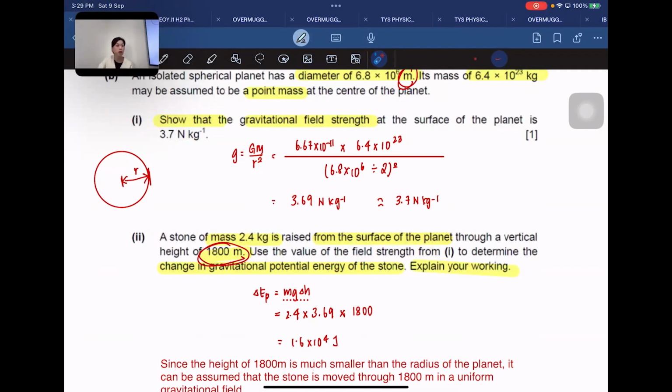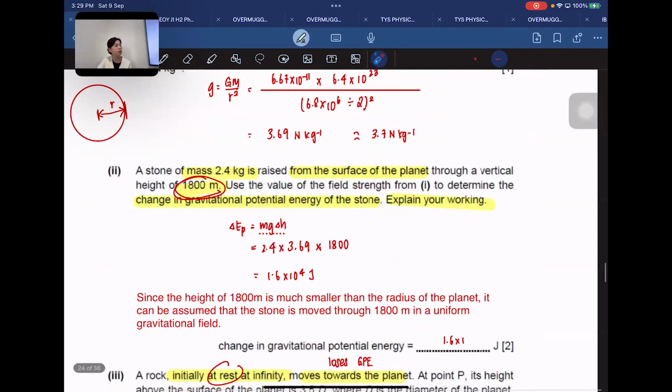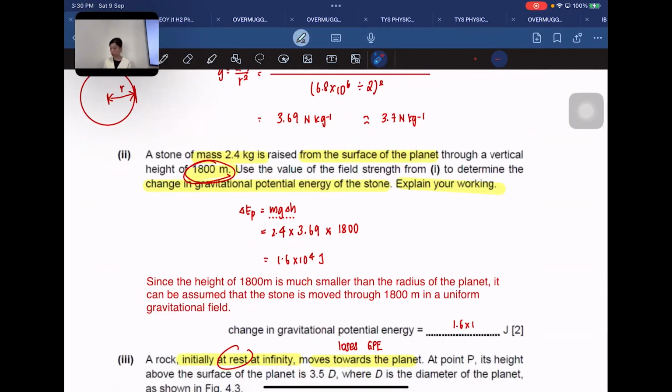Understand? We explain by saying it this way, that the height of 1000 m is much smaller as compared to that of the radius of the planet.